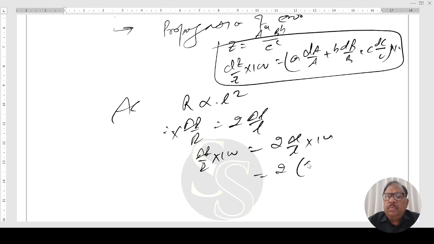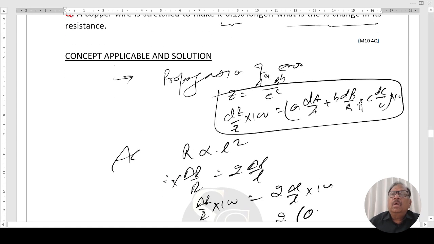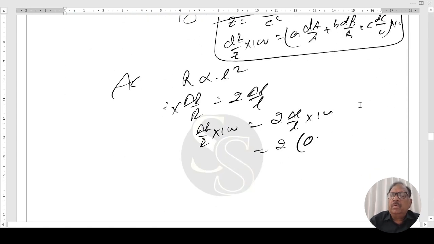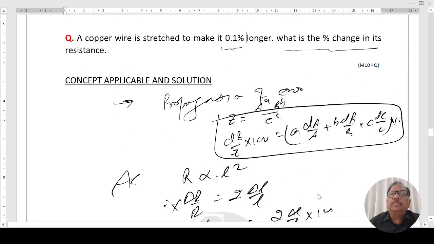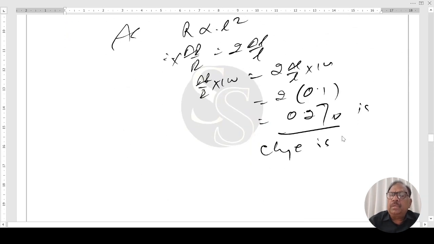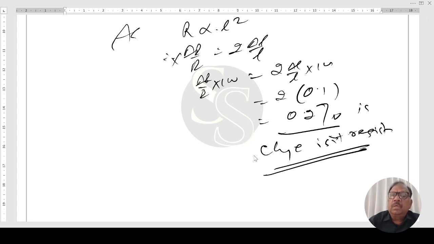This is 2 into 0.1%. Therefore, 0.2% is the change in its resistance. Right?